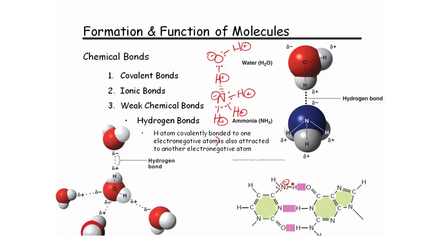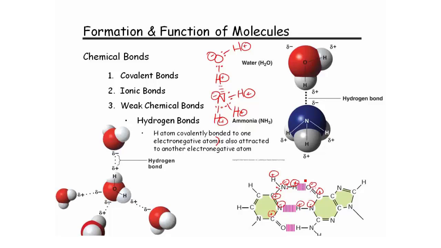Actually, all of the bonds surrounding this nitrogen are going to be polar, which is going to give us little negative areas and little positive areas. So that's a positive right there on that hydrogen. If you look over here, this is going to be a polar covalent bond, and the oxygen is going to be a little bit negative and the carbon a little bit positive. Down here, a little positive on our hydrogen, a little negative on our nitrogen. These would also be polar.